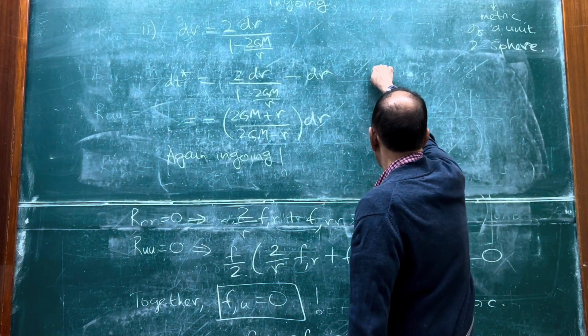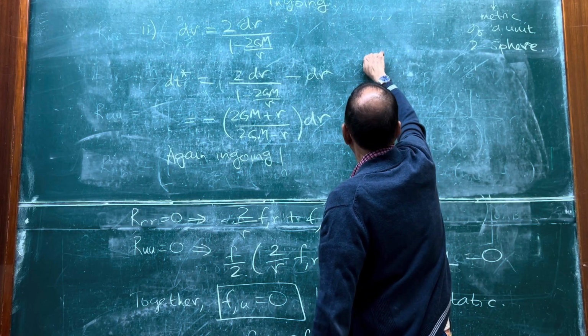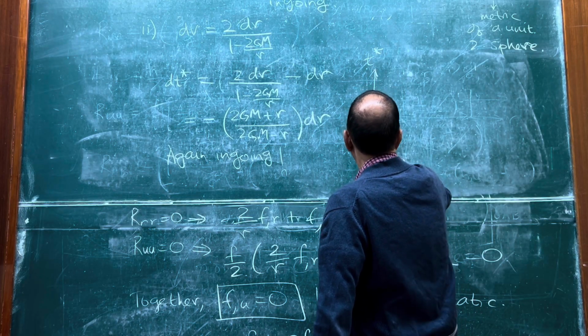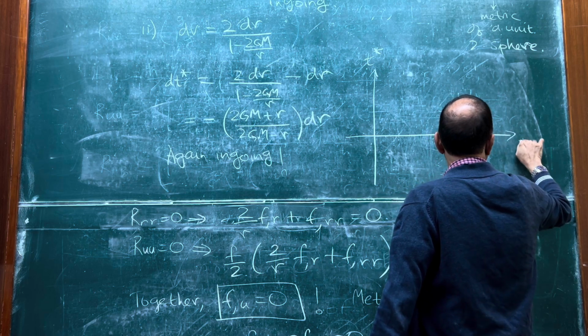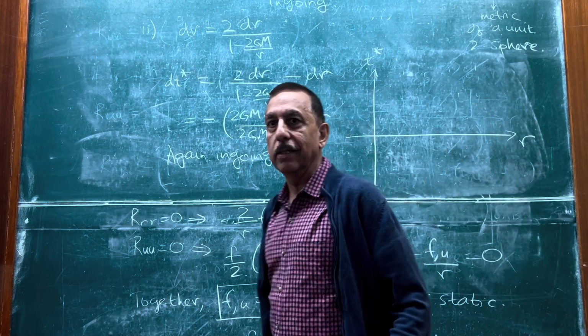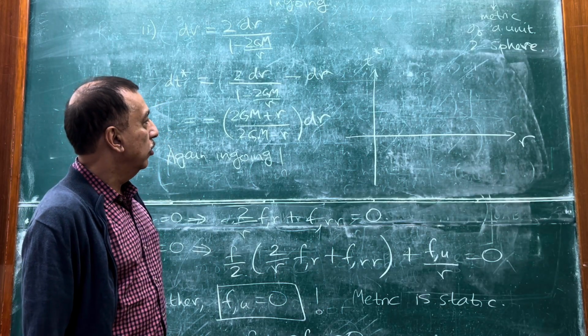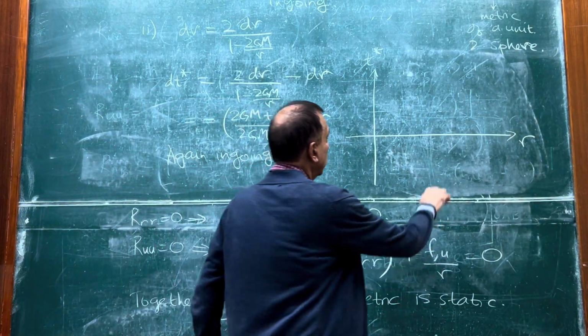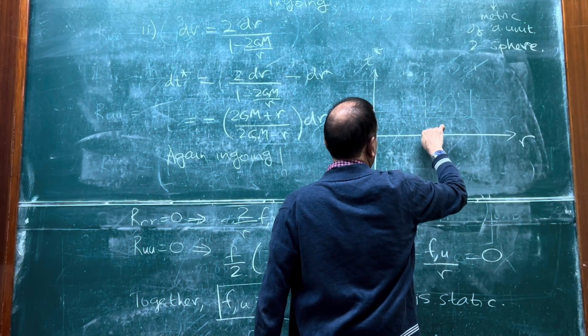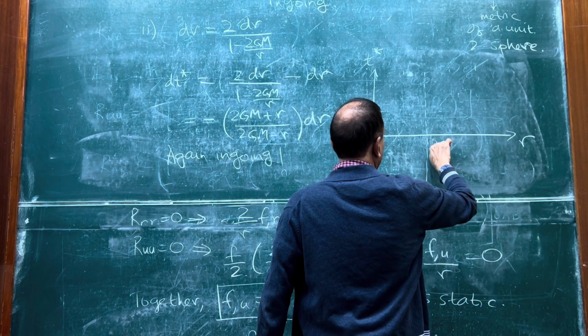And the diagram is like this. So let's draw the T star axis. And since we are in a radial situation, we don't need to worry. This is really a 1 plus 1D diagram. We really don't need to worry about any angles. Now here we have a dotted line which is R equals 2GM.